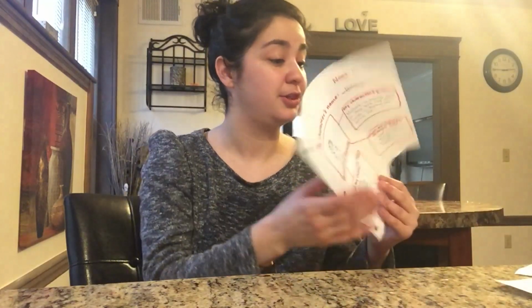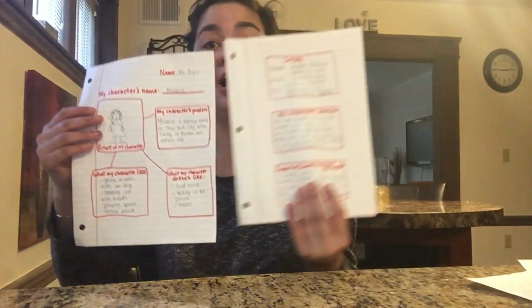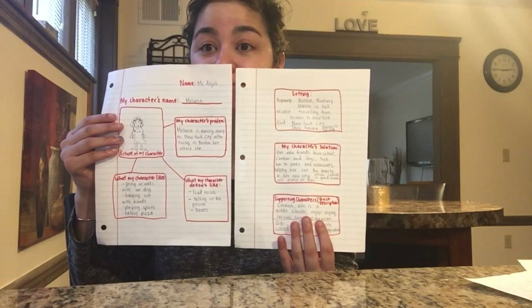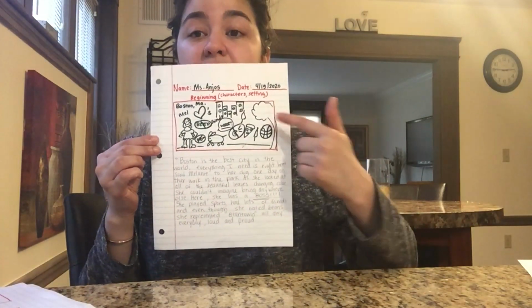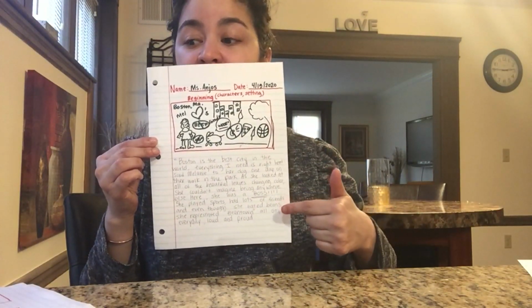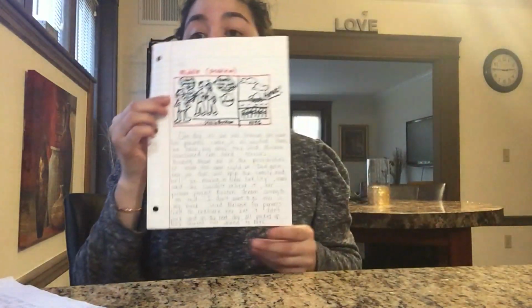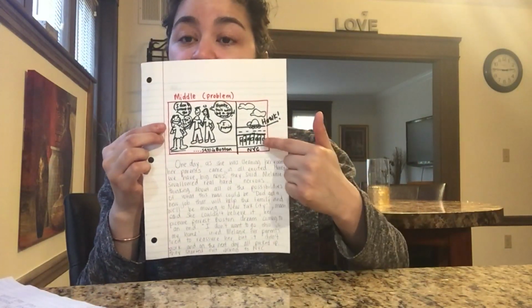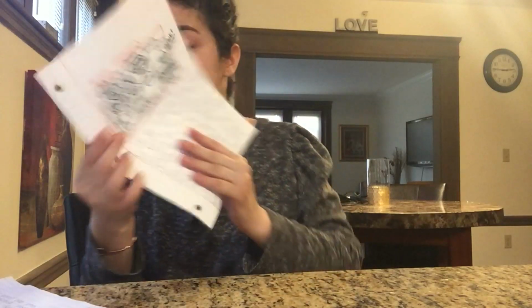For today's lesson, you are going to need the 2 pages of your organizer. You're going to need your beginning page, which should have your picture and your writing already. Your middle page, which again should have your picture and your writing.